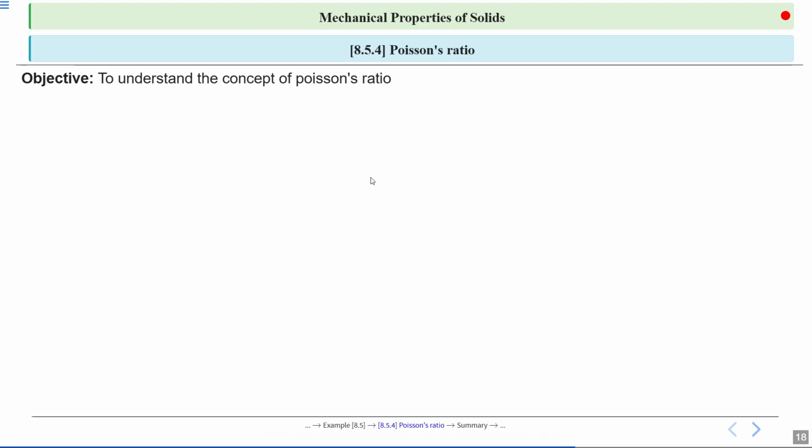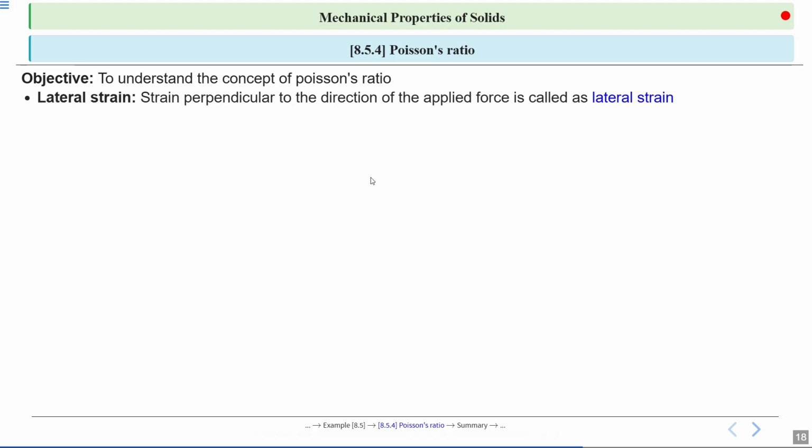Now let's start by defining lateral strain. Lateral strain is the strain or deformation that happens perpendicular to the direction of the applied force. For example, if you pull on a rubber band, it gets longer, but it also gets thinner in the middle. This thinning is due to lateral strain.